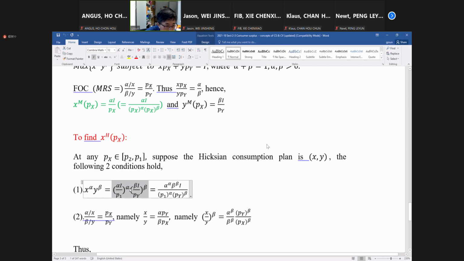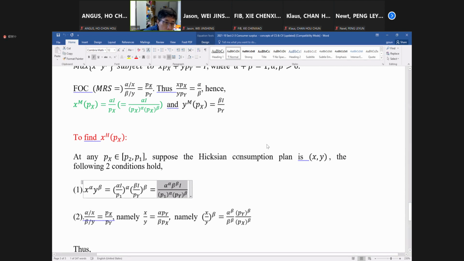Because alpha plus beta equals 1, we get the income I, and P1 to the power of alpha, Py to the power of beta. So this is the utility. It doesn't matter at whatever price level, the consumer's utility will always be the same. This is the one condition.